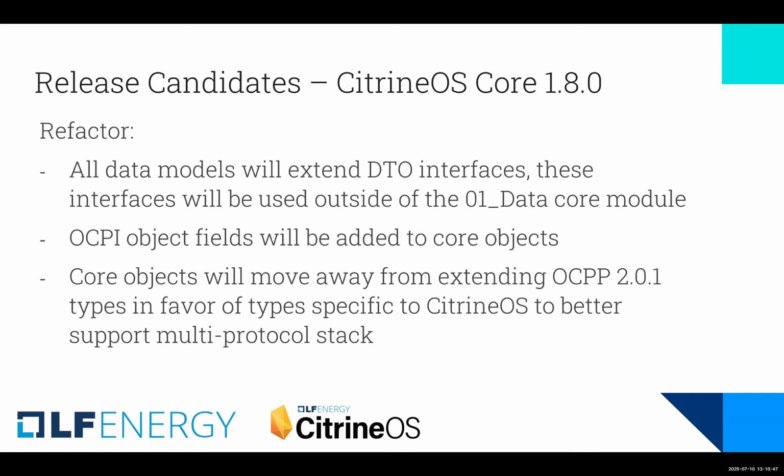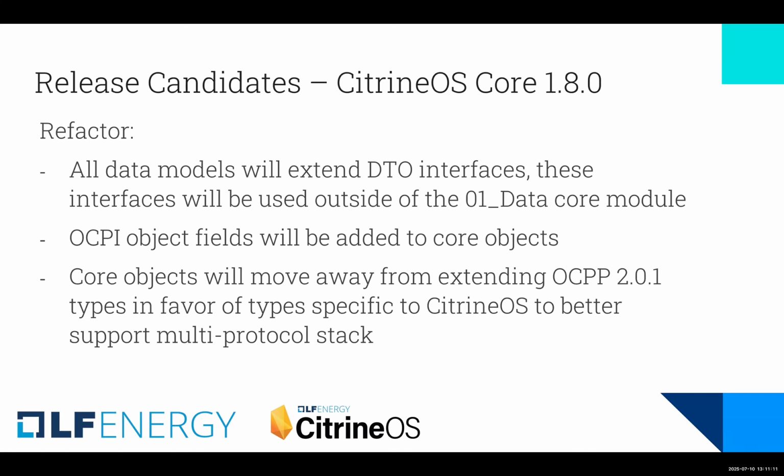And on that note, the data models that are persisted by CitrineOS Core are going to move away from simply extending OCPP 201 types. So the project was originally based on OCPP 201. And at that point in time, we made all the data that we persisted direct references to object types referenced in the OCPP 201 protocol.